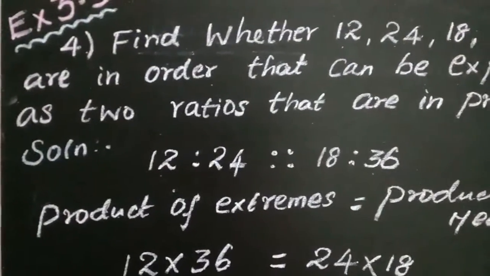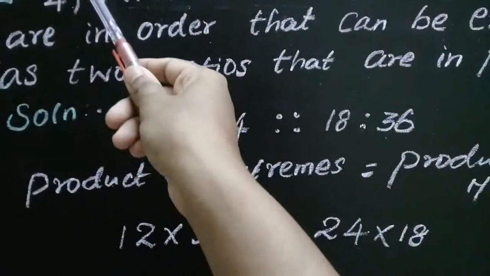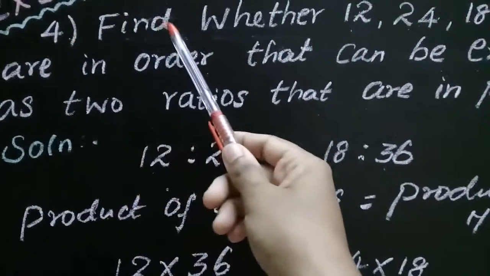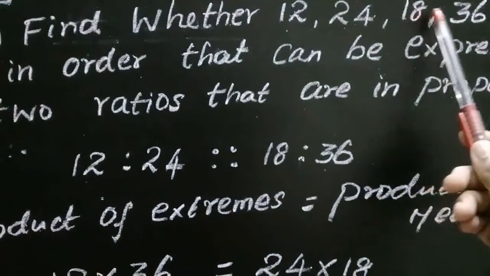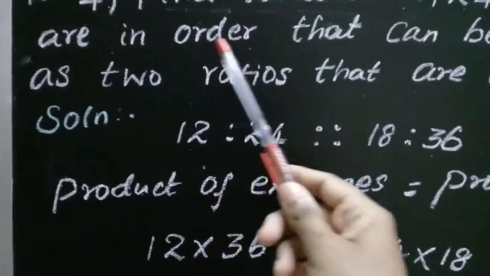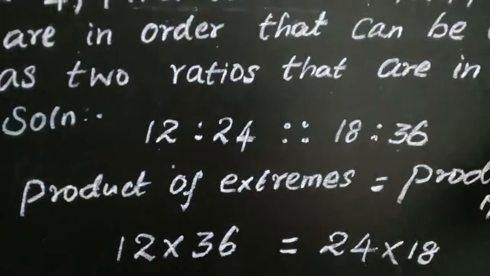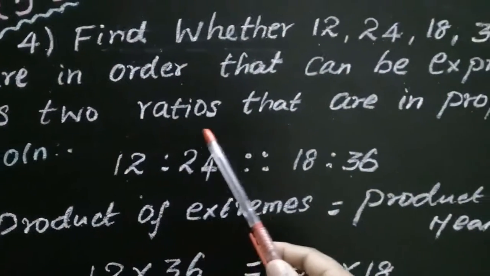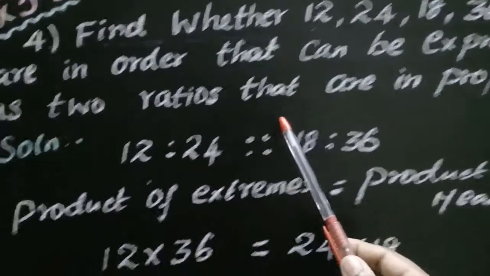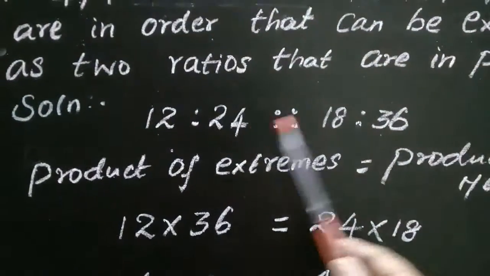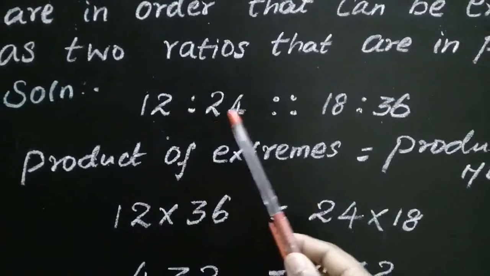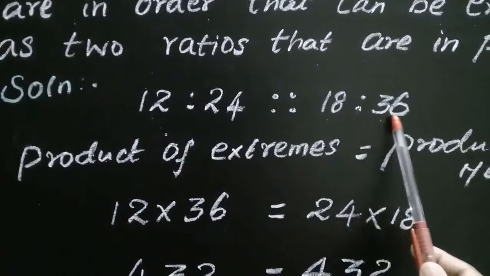Now let's move on to exercise 3.3, fourth question. Find whether 12, 24, 18, 36 are in order that can be expressed as two ratios that are in proportion. Here we first take 12 is to 24 as 18 is to 36.